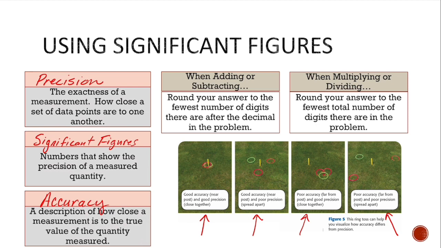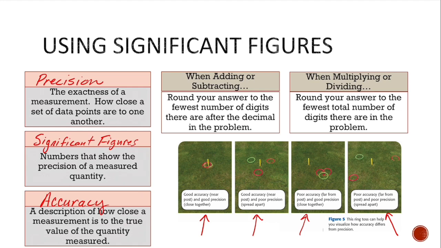And in the last one that we have right here, we have poor accuracy and poor precision. They are poor accuracy because they are far away from the post itself, and they are poor precision because all of the rings are far apart from one another.